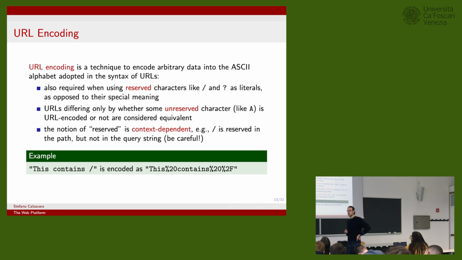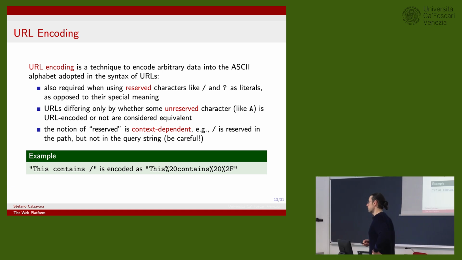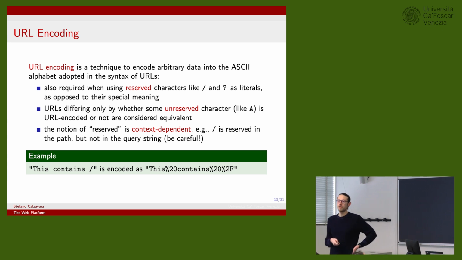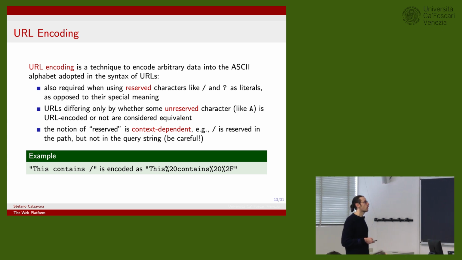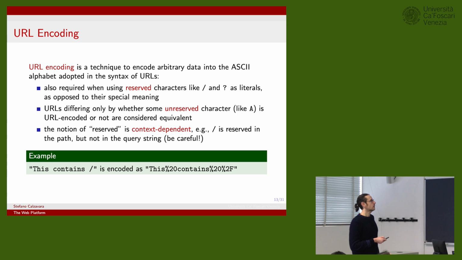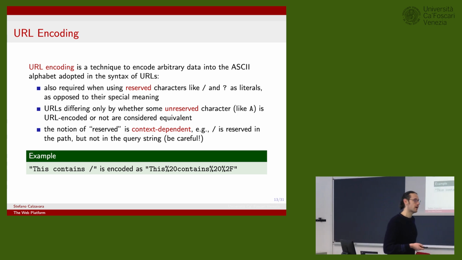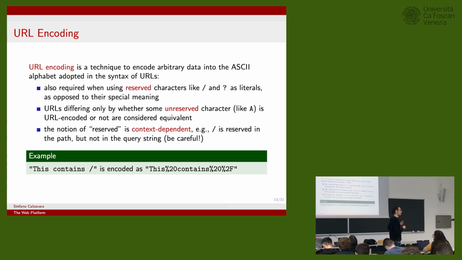It's a technique to translate characters into a format which is amenable for representation as a URL. URLs are built on top of the ASCII alphabet. The ASCII alphabet is essentially the standard alphabet for Western people.